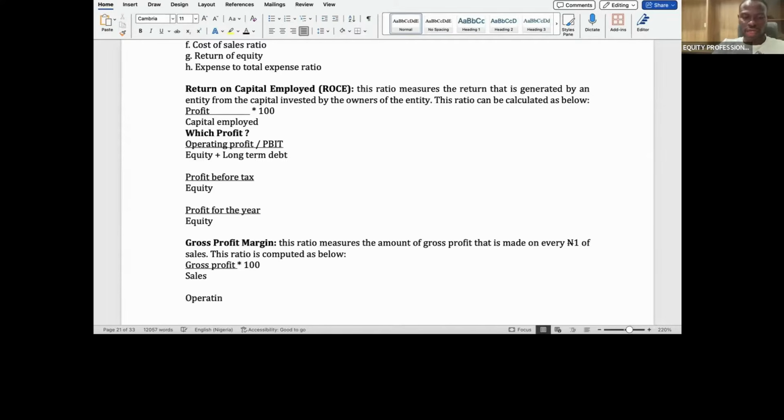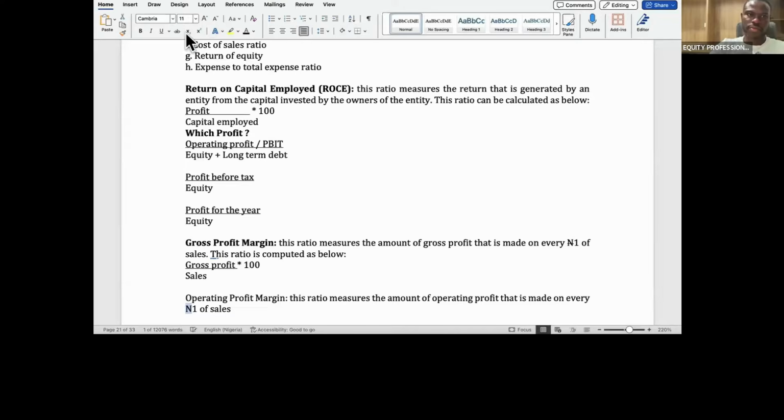Now, similar to that is your operating profit margin. What this ratio measures is the amount of operating profits that is made on every 1 naira of sales.